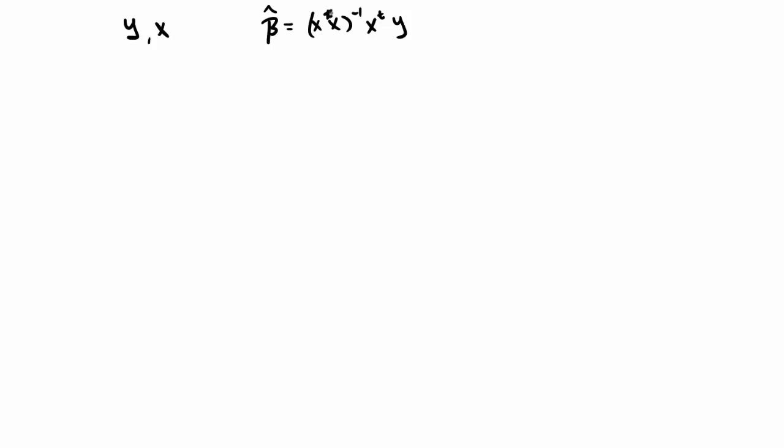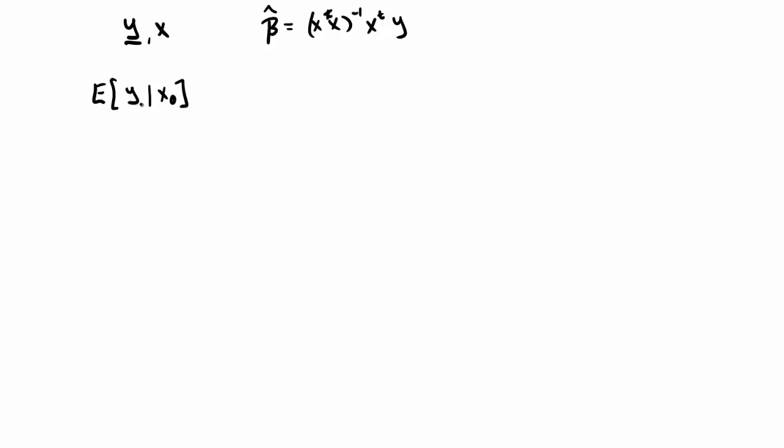Okay, what would be our obvious estimate for the expected value of y at a particular value of x? The expected value of y at a given value of x, and this is a vector y.